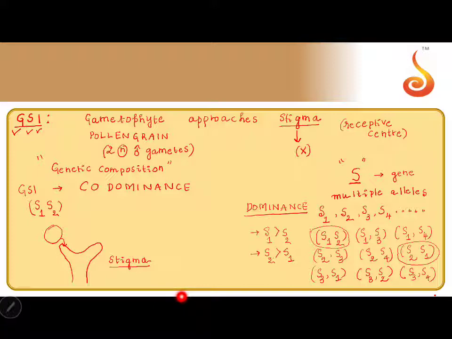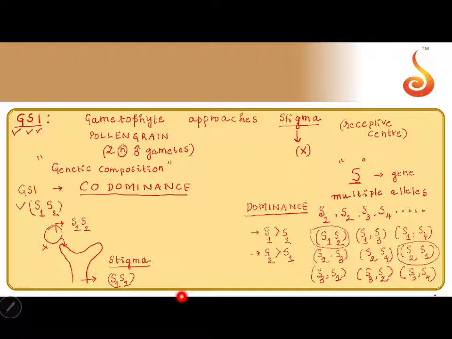So here, if I take the alleles of the stigma as S1, S2, and both the alleles are expressing, then this is codominance. And the pollen grain also has S1, S2. So here it is the same codominance, so this pollen grain will not germinate.